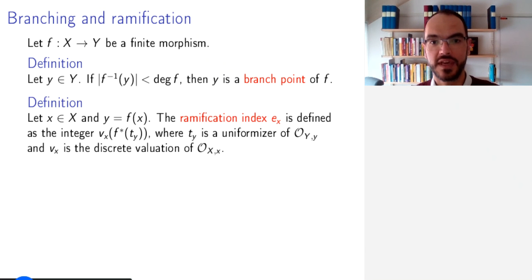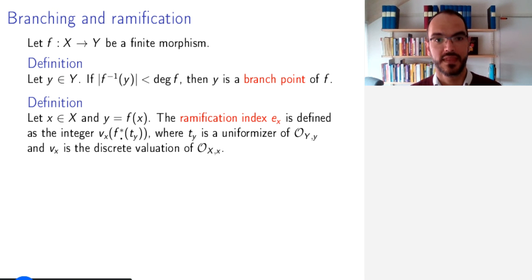Next, we define the ramification index at a point x in x. So this is in some sense to quantify the amount of lumping together that happens when the point is in a pre-image of a branch point and there is some degeneracy going on.